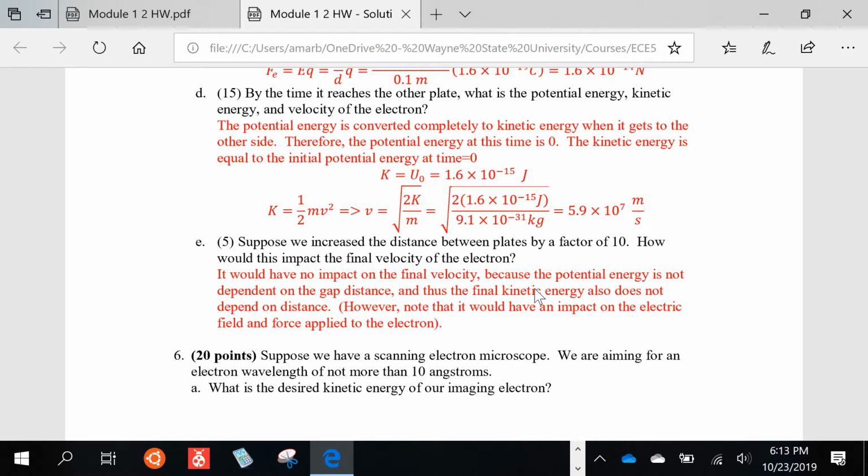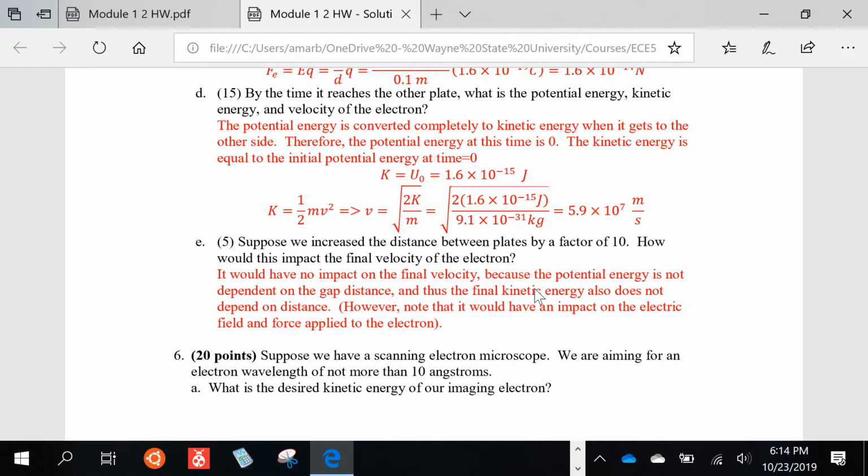If you take the electrodes and space them much further apart, but you don't change the voltage, the electron ends up having the same potential energy. The potential energy is determined by the voltage, not by the distance. What sometimes mixes students up, and this is a subtle but important point, is this: when you increase the distance between the plates, what happens to the electric field?